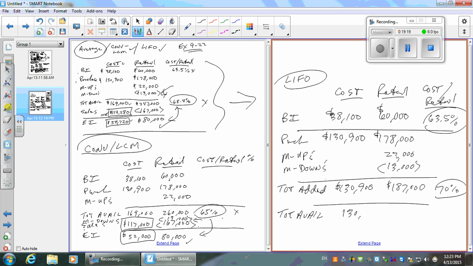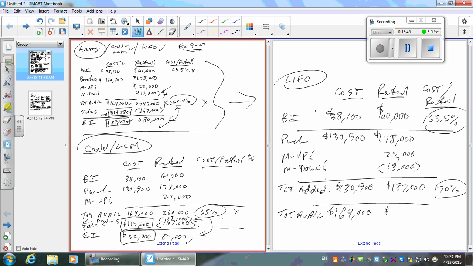Add the 38. 38.1 plus 130,900 is 169. It's the same 169,000 we had on the other two methods, isn't it? And how much is the total retail available? 247, which is the same as we had up here, right? Everybody agree?